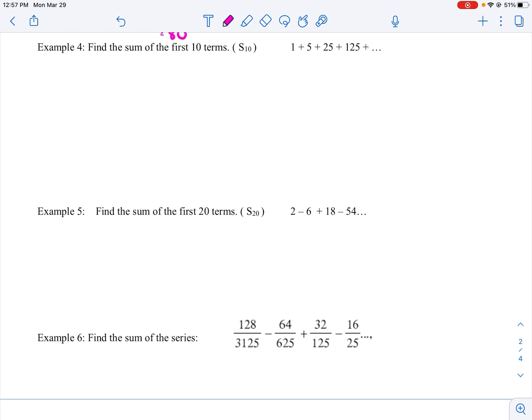They're geometric. Okay, so as you can see, right here we're multiplying by 5. Here we're multiplying by a -3. Okay? But again, they're both finite geometric series. Okay? So the formula, correct me if I'm wrong, I think it looks like this.